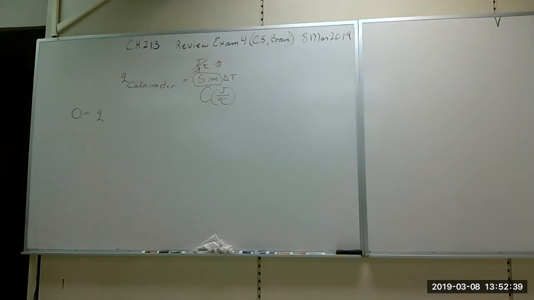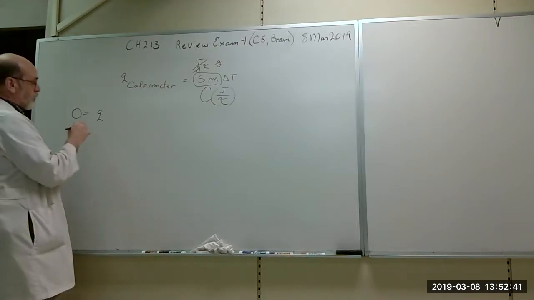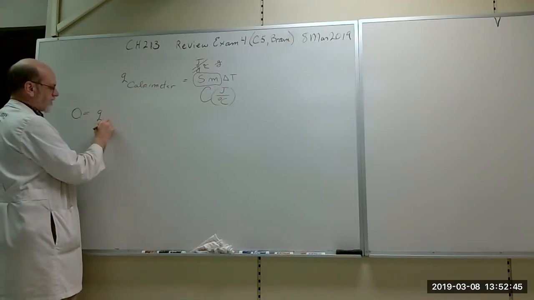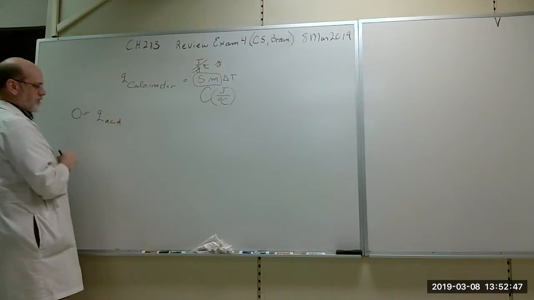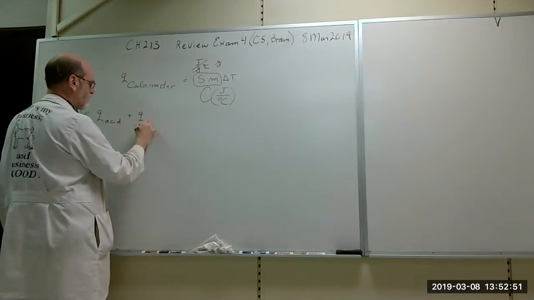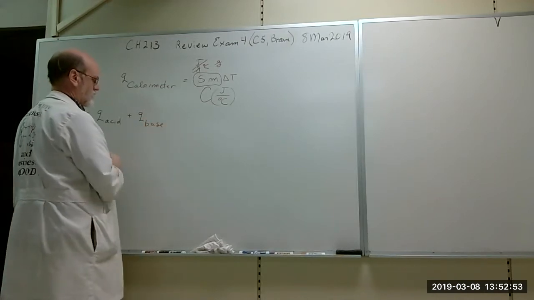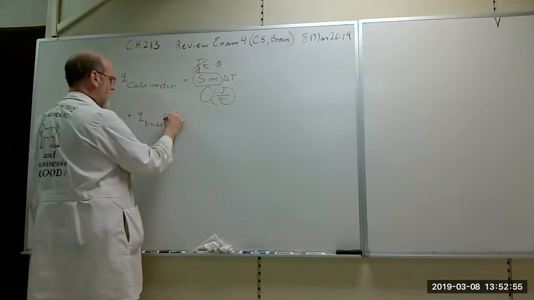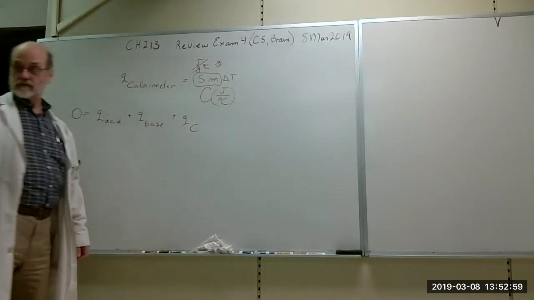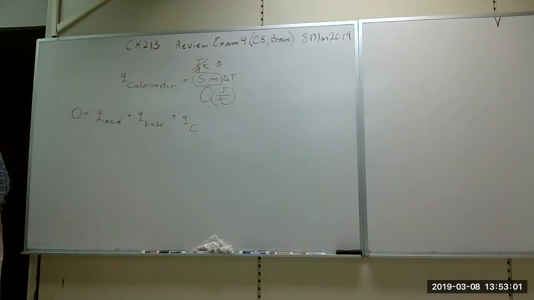Yeah, neutralization. Okay, so we're going to have a Q that's associated with the acid, a Q that's associated with the base, and a Q for our calorimeter.